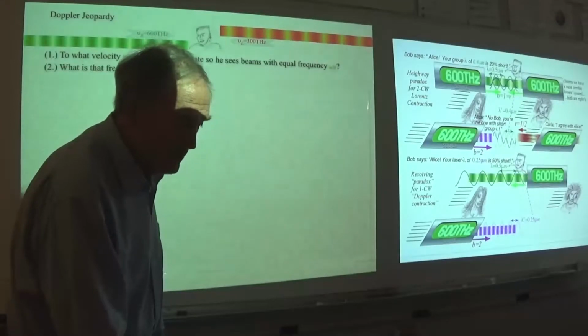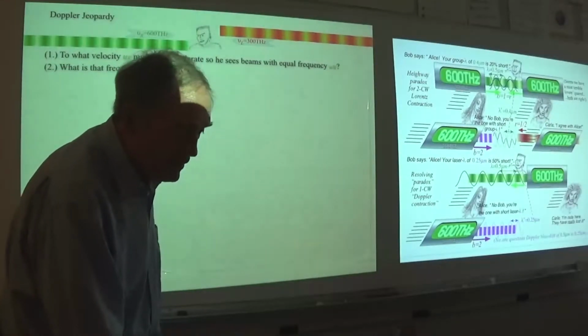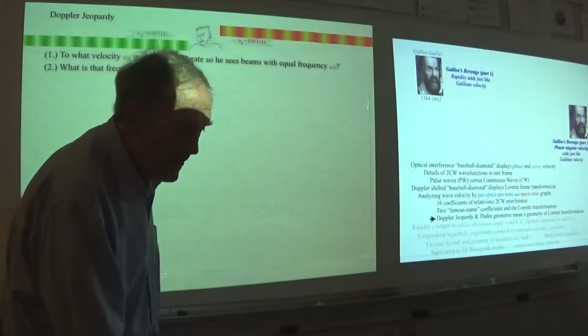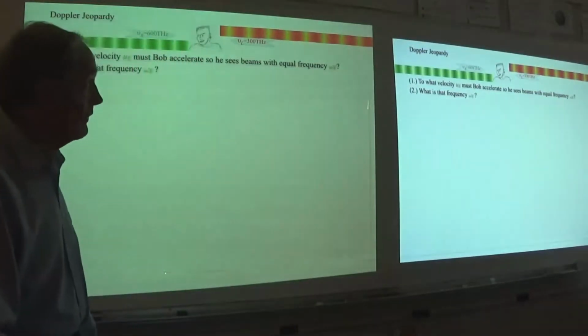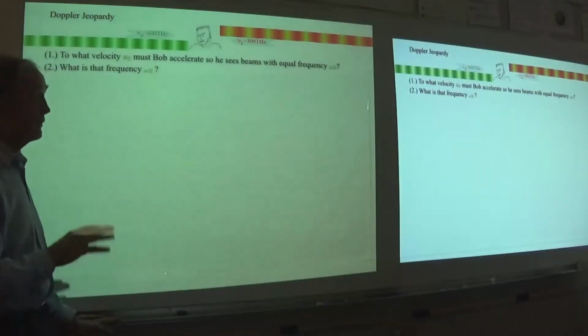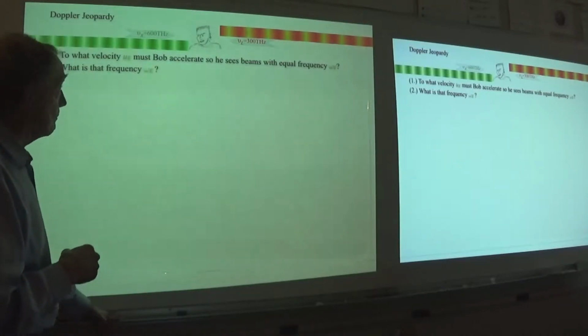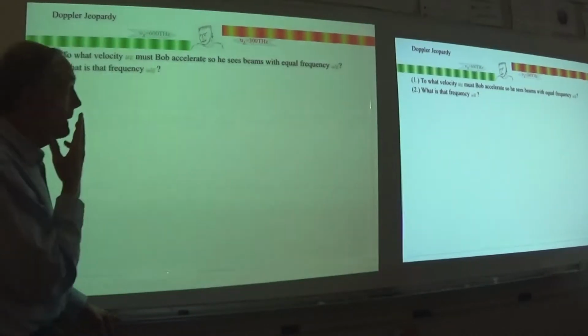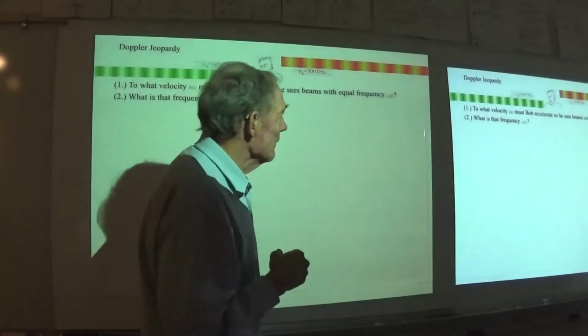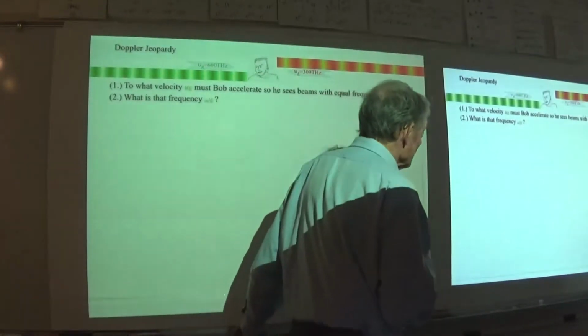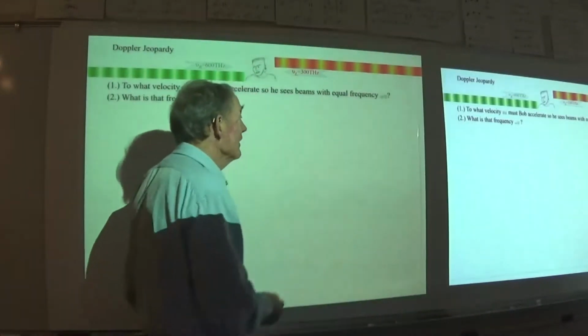Okay, we've got enough time, I think, if we go a little bit over, to go for the next part of this. This is the real geometry of the graph that I'm asking you to make here. And I'm taking the television program Jeopardy as a way to phrase the thing.